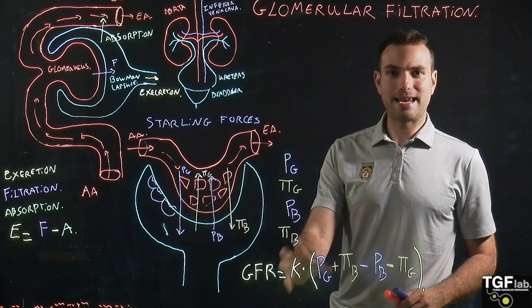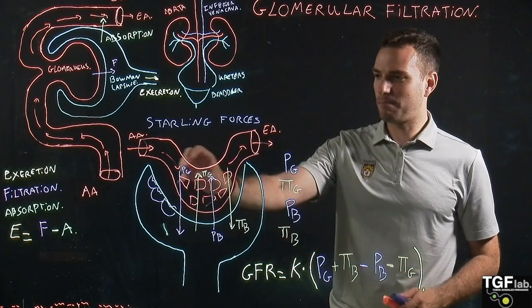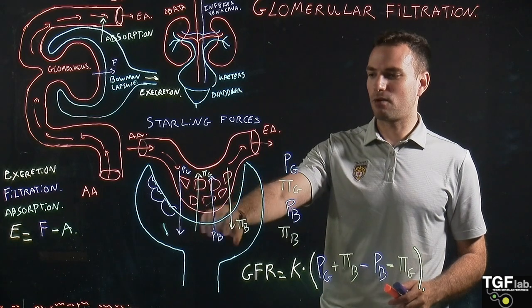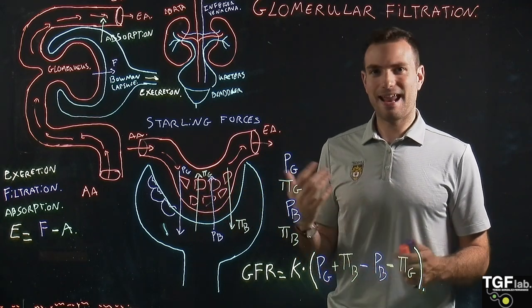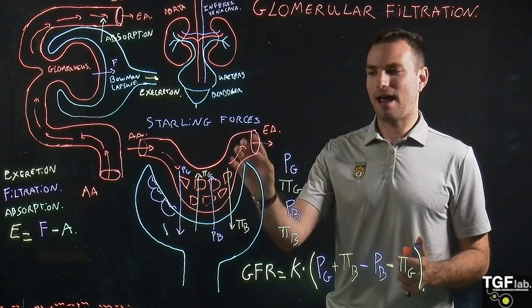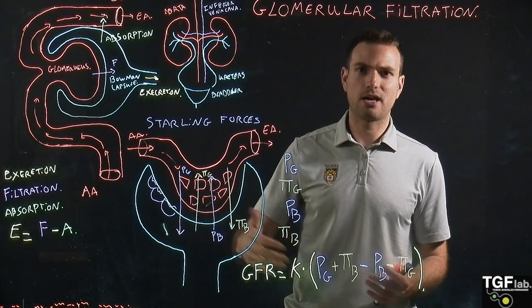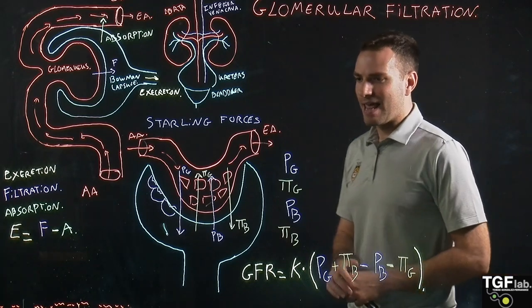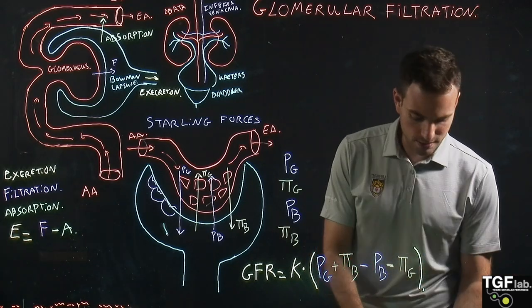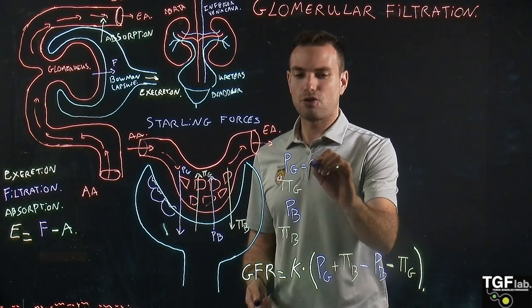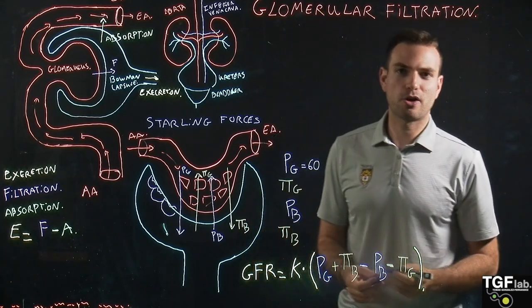As I said, K is the coefficient, and this depends on the barrier that separates the glomerulus and the Bowman capsule, and it's usually constant. We only have a modification of that if we have a pathology or this membrane is disrupted for whatever reason. Then PG, the hydrostatic pressure at the glomerulus, is usually around 60 millimeters of mercury.